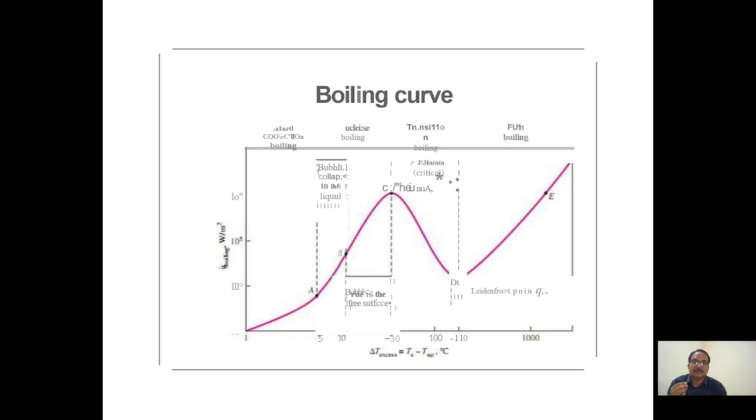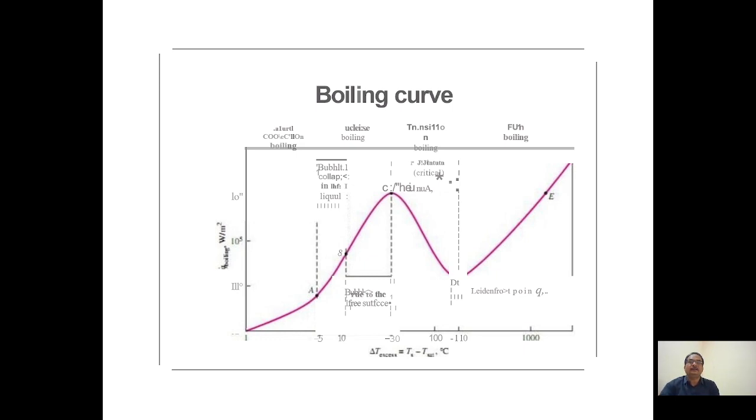From B to C, the bubbles rise to the free surface in the saturation period. Point C is the maximum heat flux, the critical heat flux. Point D is the Leidenfrost point.